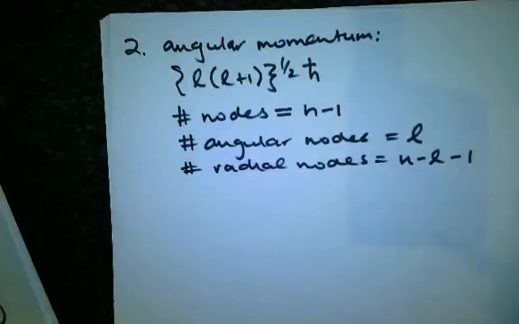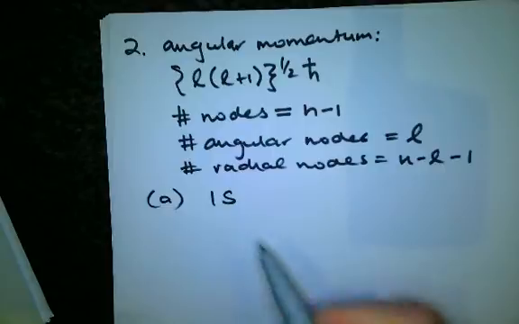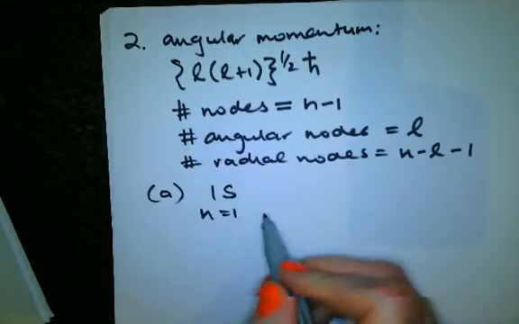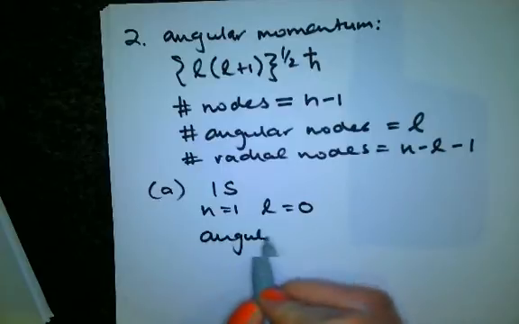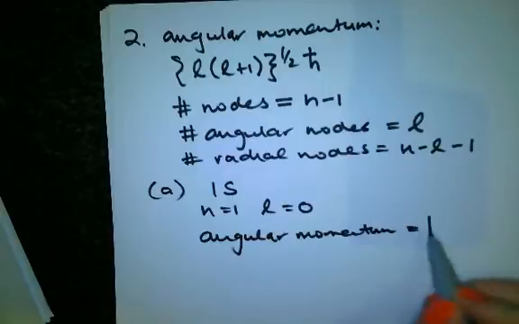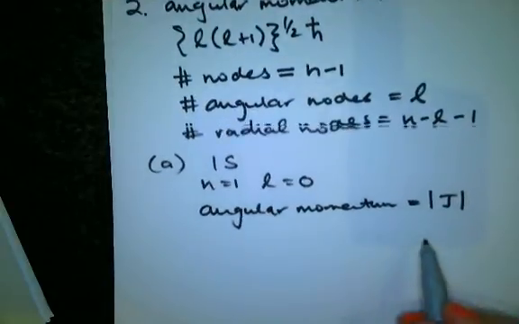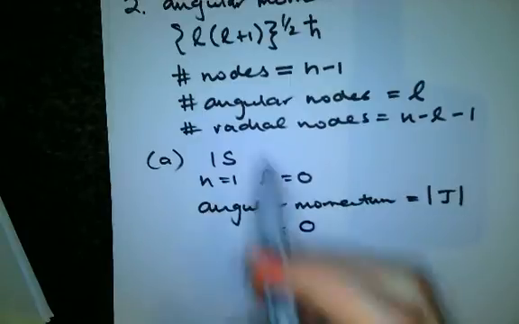So firstly, for a 1s orbital, n is 1, L is 0. So the angular momentum, which is J, will just be equal to 0, because L is 0, if you substitute it into that equation.